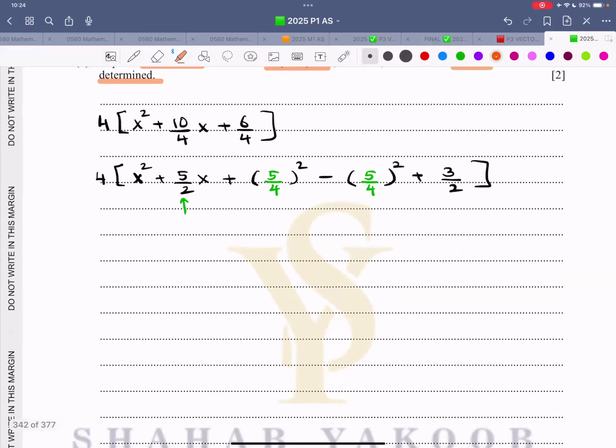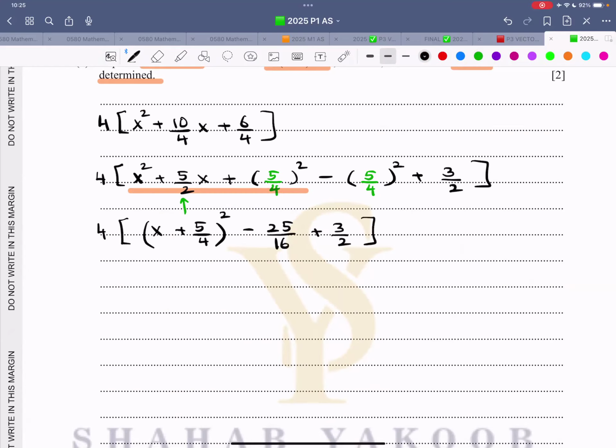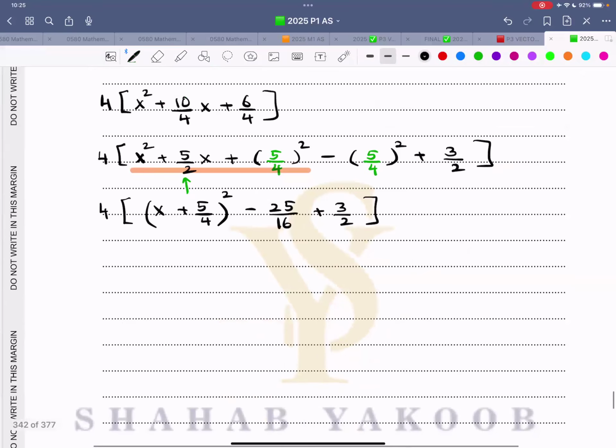Rewrite the first 3 terms as a perfect square. These are the first 3 terms. So therefore, this is 4, x plus 5 over 4 whole square. And what else is there? Minus 25 over 16. And this is 3 over 2. Now open it up with a 4 on the outside.